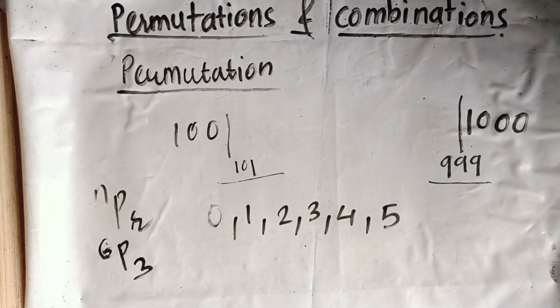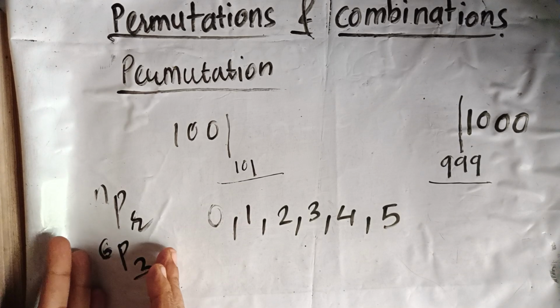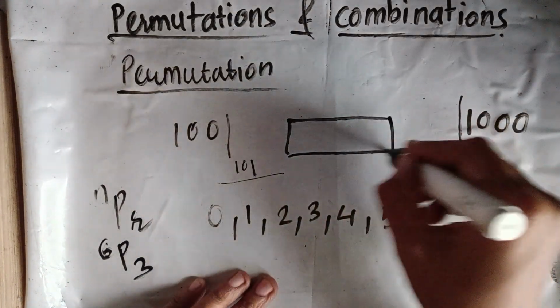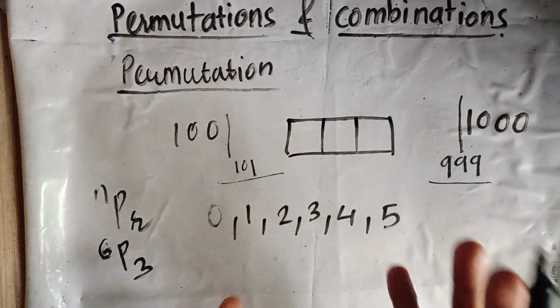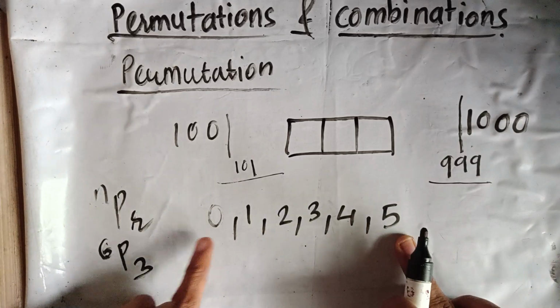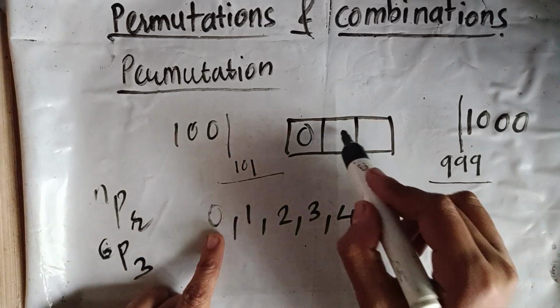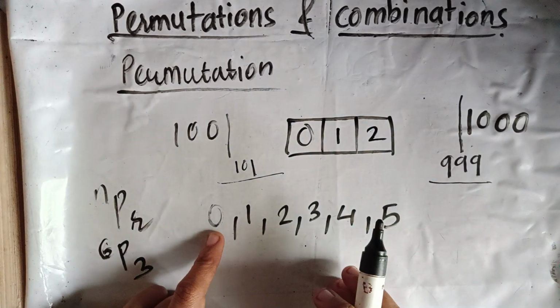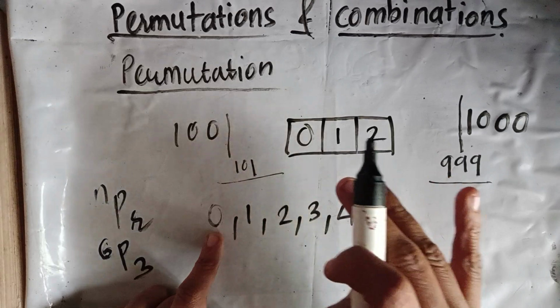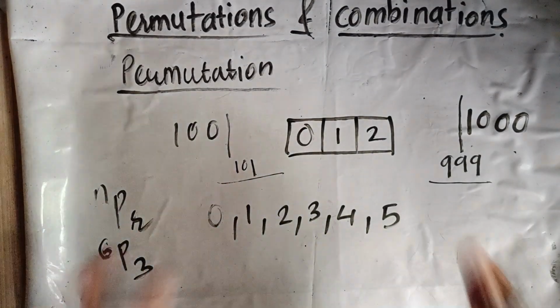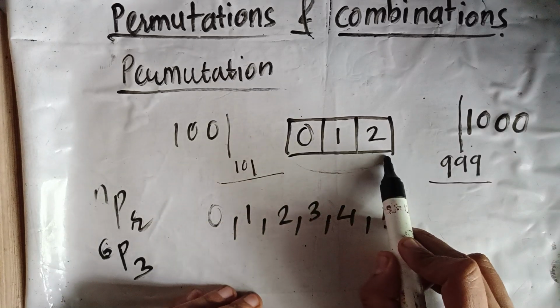But here there is one twist. When you are writing a 3-digit number, the first digit can be 0, right? Then 1, 2, like this. But such a number is not between 100 and 1000. So we have to remove this type of numbers.